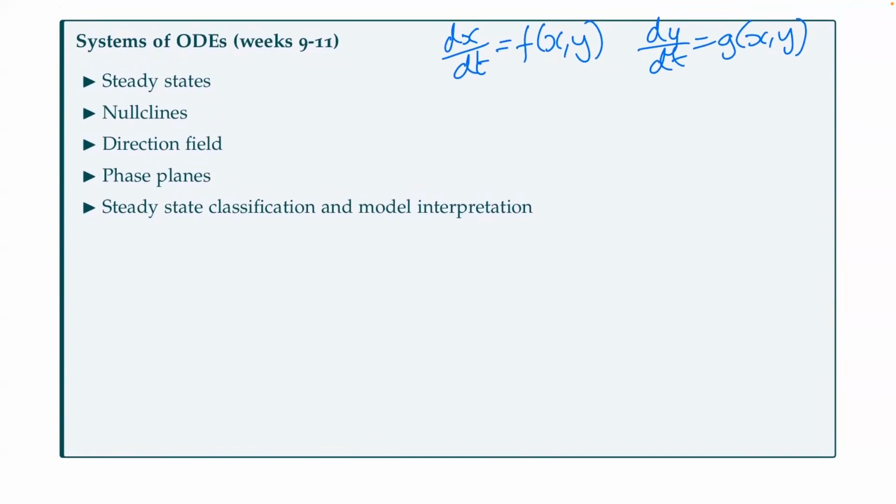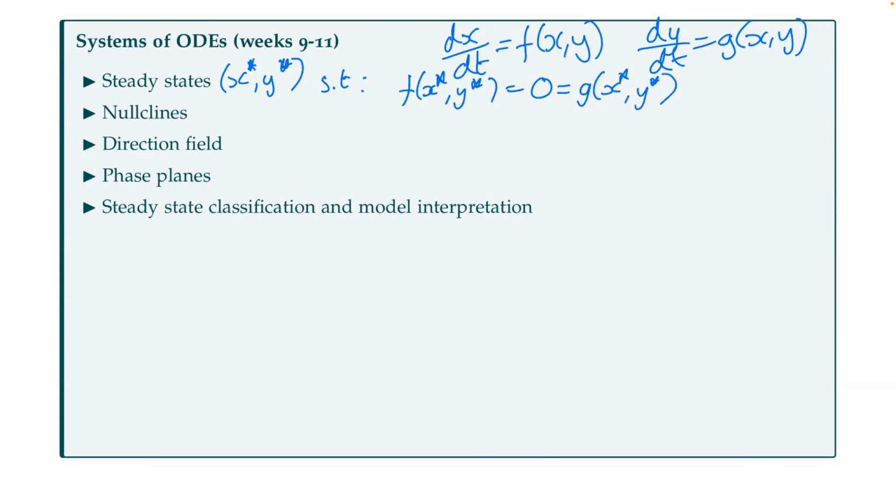Any of these things can be described by nonlinear systems of ODEs. To find our steady states, we're looking for pairs of values x star, y star, such that we have f of x star, y star equal to 0, and the same for g of x star, y star.